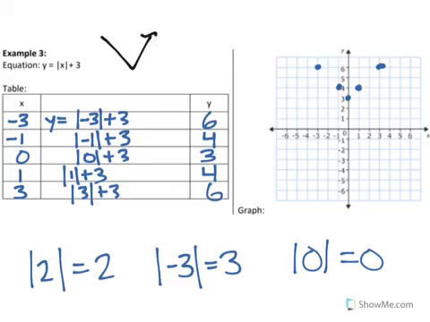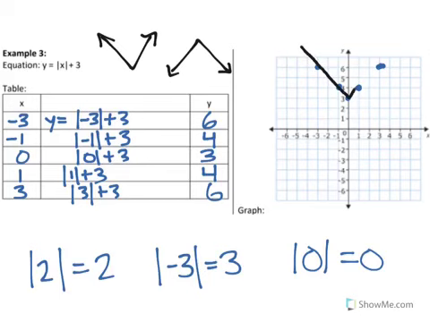So it's either going to look like that, or like this. You might see them in different ways, but when you see this in the equation, that means we're going to have one of those two sorts of graphs. This one looks like the one to the left of it, so we're going to go ahead and graph that.